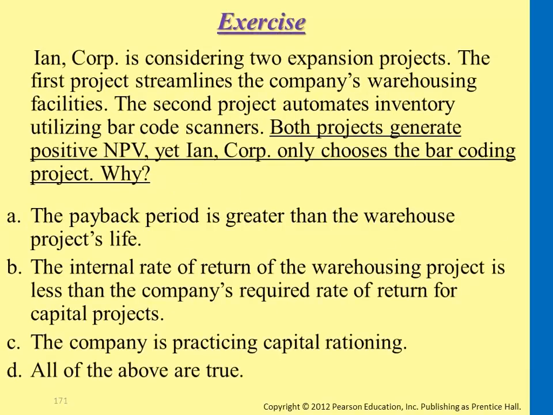Now, this problem tells you that both projects have a positive NPV, but the company only chooses to invest in one of them. I haven't gone over this in detail, but maybe you can try to guess which one is the answer. What do you think would be the reasoning behind this?